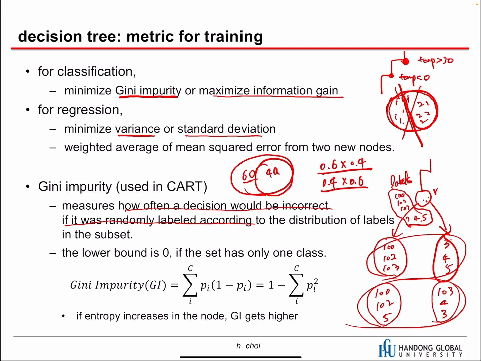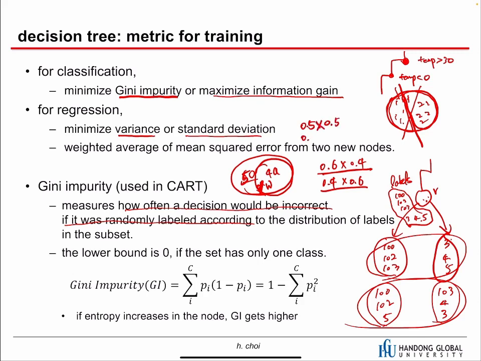But when we have another class, like 1 watermelon, these numbers are a little more complicated. Let's say we have 5 oranges, 4 apples and 1 watermelon. Then 50% of the time we are going to say orange, and we are going to be incorrect 50%, so we have to multiply.